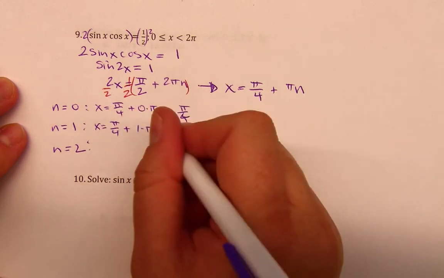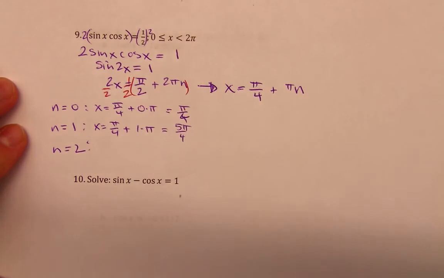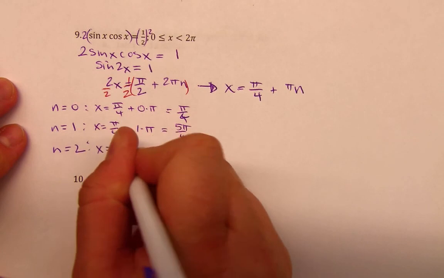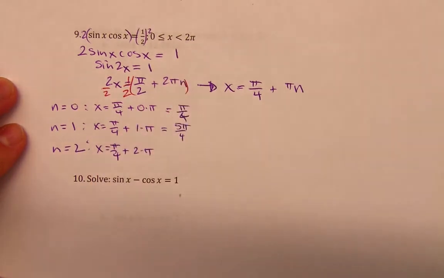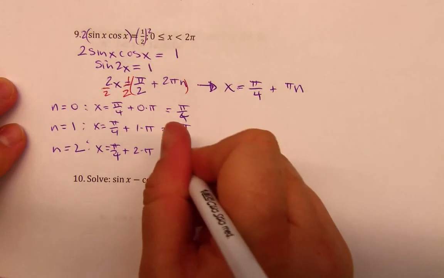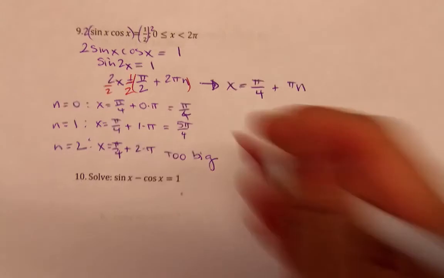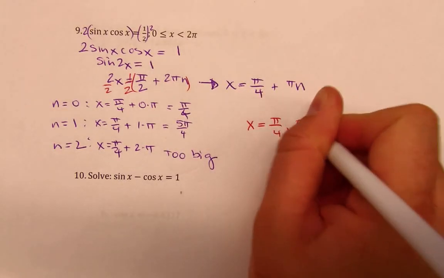Well, that's just plus pi, so that'll be 5 pi over 4. And here it's going to be too big. So x equals pi over 4 plus 2 times pi. Adding 2 pi to something is already going to be bigger than 2 pi, so this is too big. And that means my answers are x equals pi over 4 and x equals 5 pi over 4.